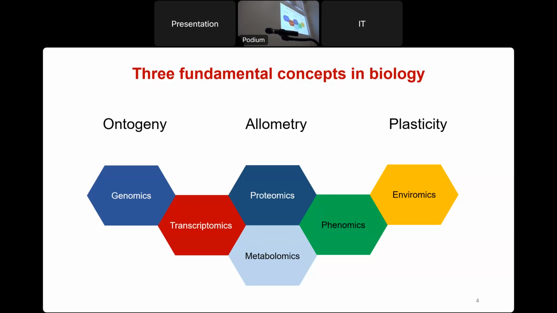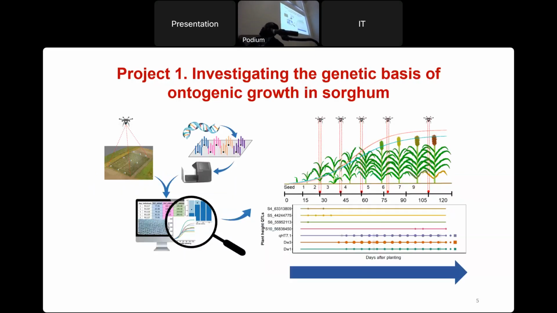So my research in Dr. Yu's lab deals with primarily the first two aspects of development. First, my project one is leveraging the spatial and temporal resolution of phenomics combined with genomic technology to investigate the genetic basis of ontogenic growth in sorghum. I'm not going to talk about that project this morning.